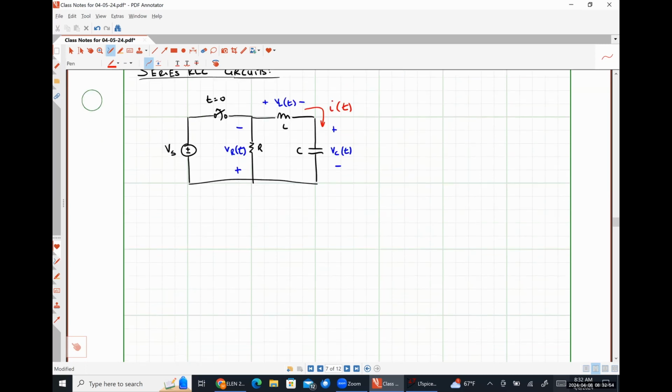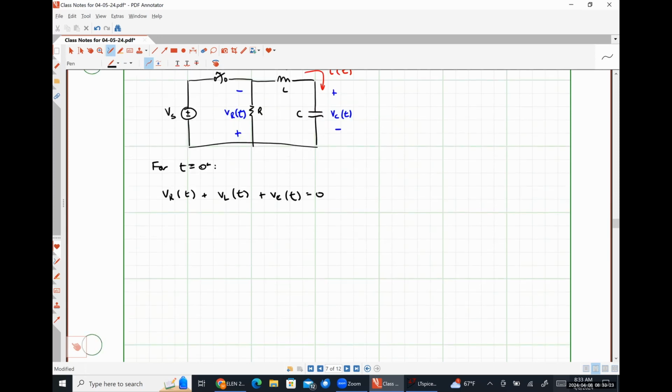Okay. So if I write a Kirchhoff's voltage law equation around that right-hand loop, during the transient condition, for t greater than or equal to 0 plus, we would have VR plus VL plus VC is equal to 0.